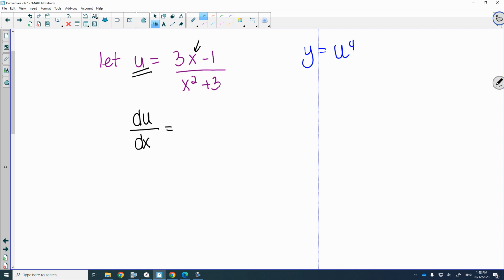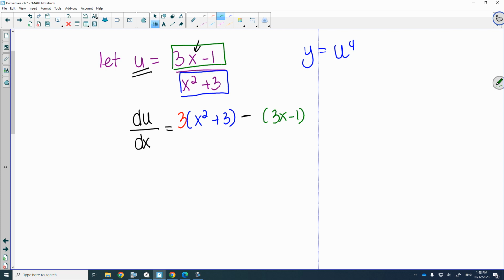So it's low d high. Low is x squared plus 3. And what's the derivative of the upper function? 3. Are you okay if I write it like this in front? So low d high minus high d low.